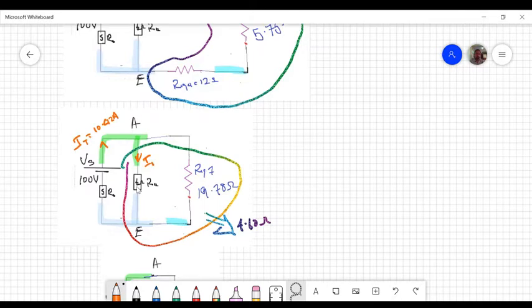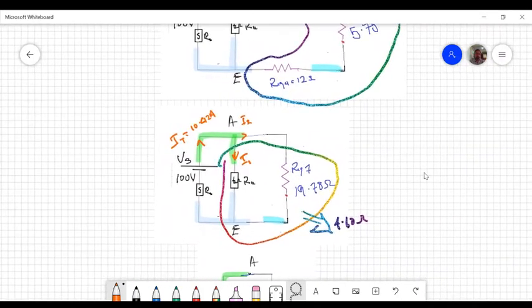That current, which I'm going to call I2. Now, sometimes it's useful to label the currents consistent with your resistors, but we will find ourselves in trouble if you do that. So we can just invent a new naming system, I1, I2 there.